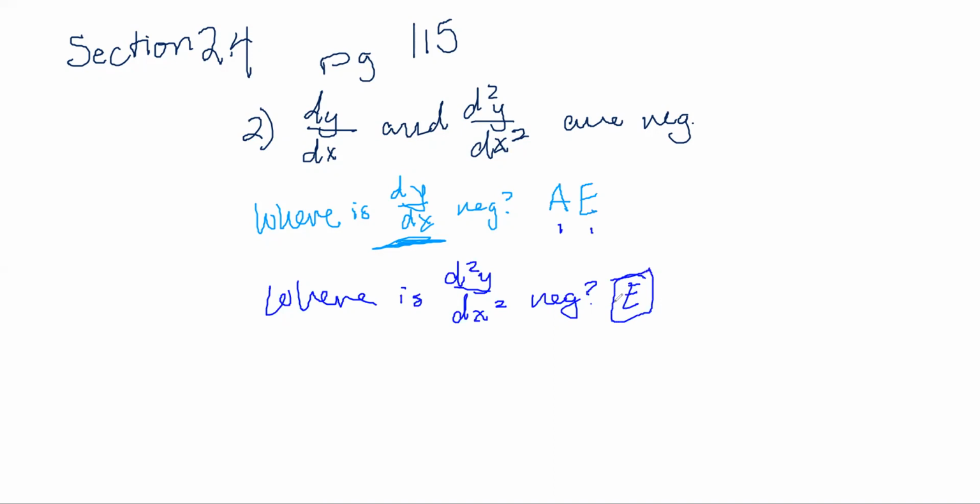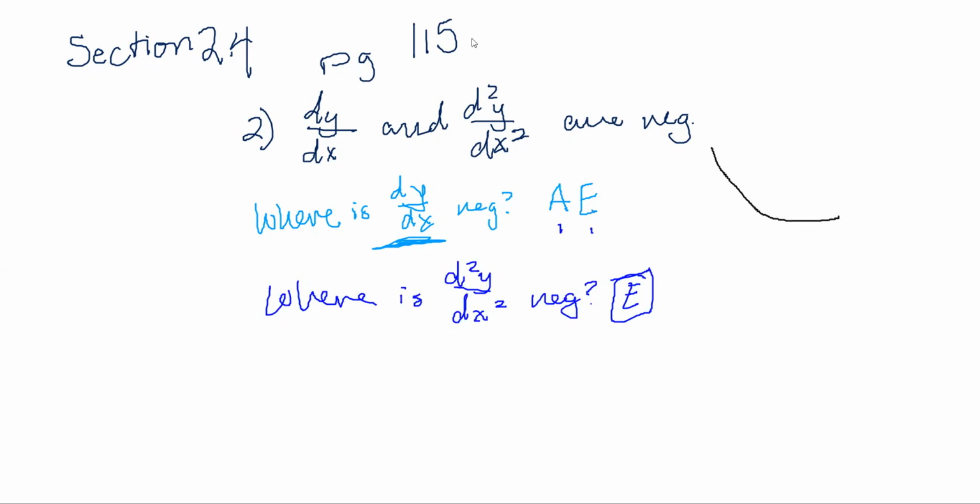Can anyone tell me why A is a positive second derivative, excuse me? Is it because it's beginning to curve up? Yep, concave up. That is one way of thinking about it.